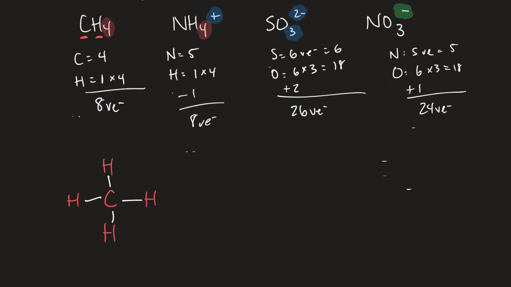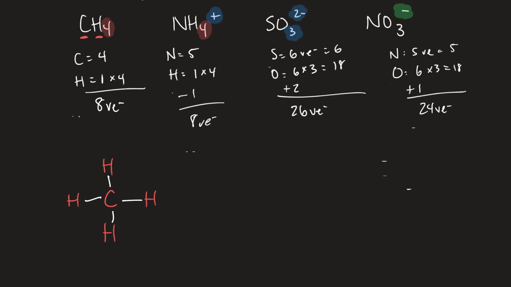What does the line represent? Well, these lines represent 2 shared electrons. A line represents a pair of shared electrons. So that's how you draw your structural formula. You just want to put the central atom in the middle, put all the other atoms outside, and connect them to the center atom. So that's the one for CH4.